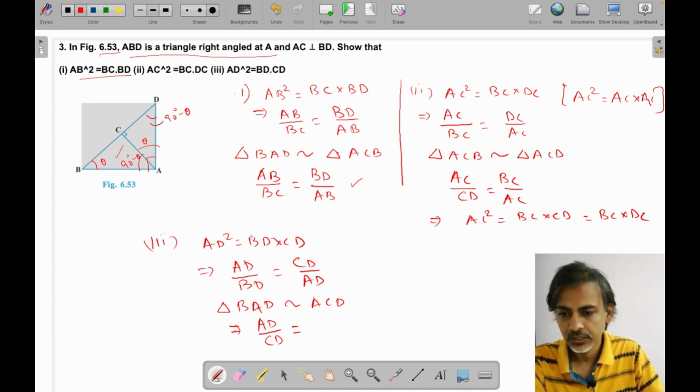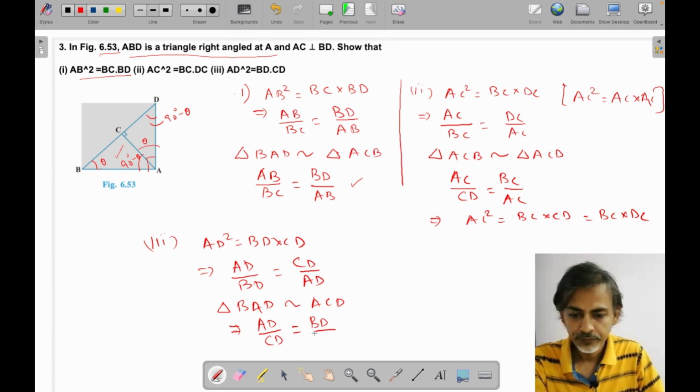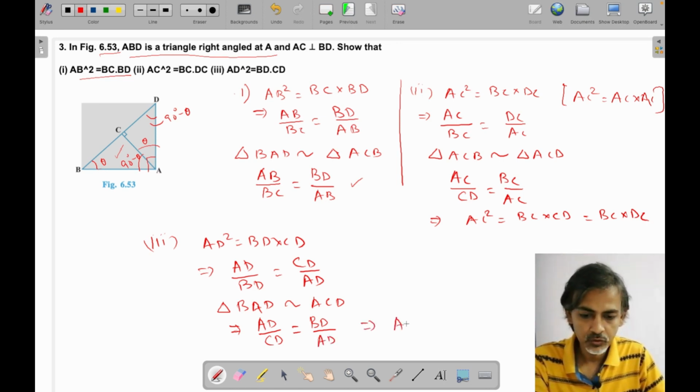BD is opposite to 90 degree, so we'll write BD over here, and then what is opposite to 90 degree is AD. Now do a cross multiplication. Again you get AD square equals BD into CD. This is what we had to prove.